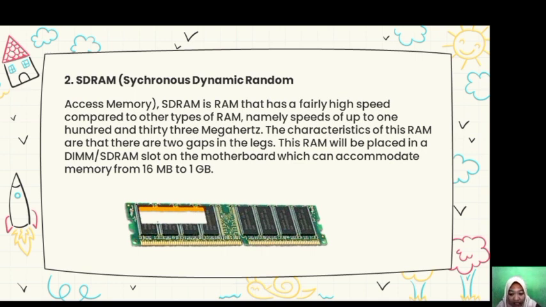The characteristics of this RAM are that there are two gaps in the leg. This RAM will be placed in a DIMM or SDRAM slot on the motherboard, which can accommodate memory from 16 MB to 1 MB.